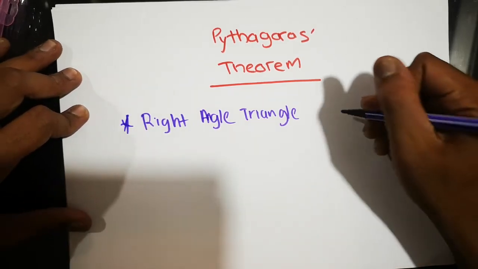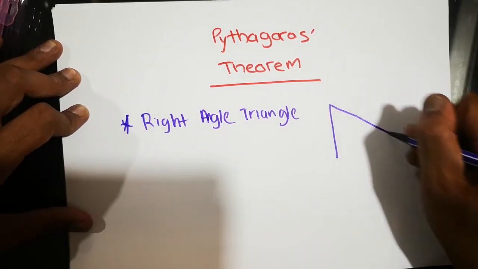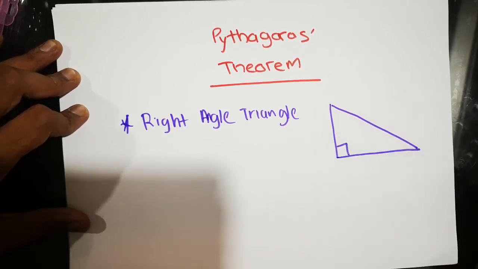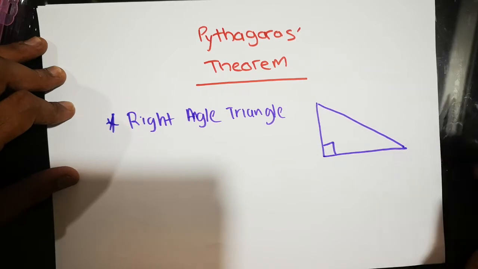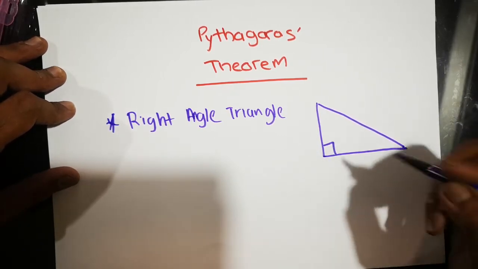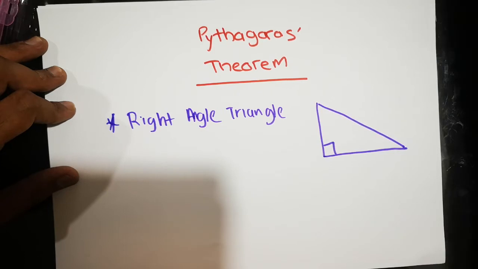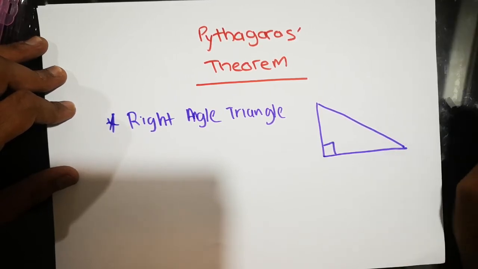Right angle triangle looks something like this. Okay, right angle triangle is a triangle that has a 90 degree in one of the angles. It can be anywhere in the triangle, but one of them must be 90 degrees. So how do you know if something is 90 degrees?